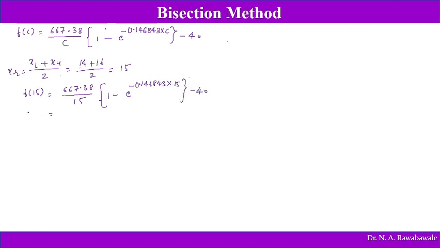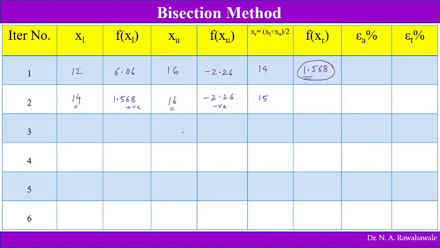So this f of 15 works out to be minus 0.424.